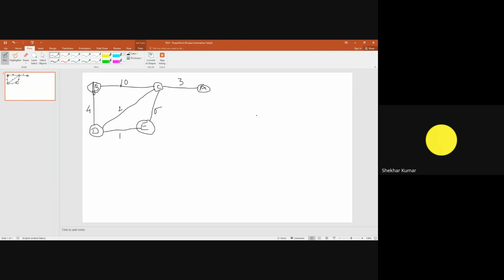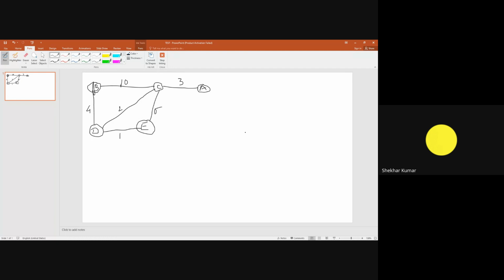This is not a directed graph because there is no direction associated with this graph. In Prim's algorithm, our goal is to find out the minimum spanning tree. And in this graph, a weight is associated with every edge.